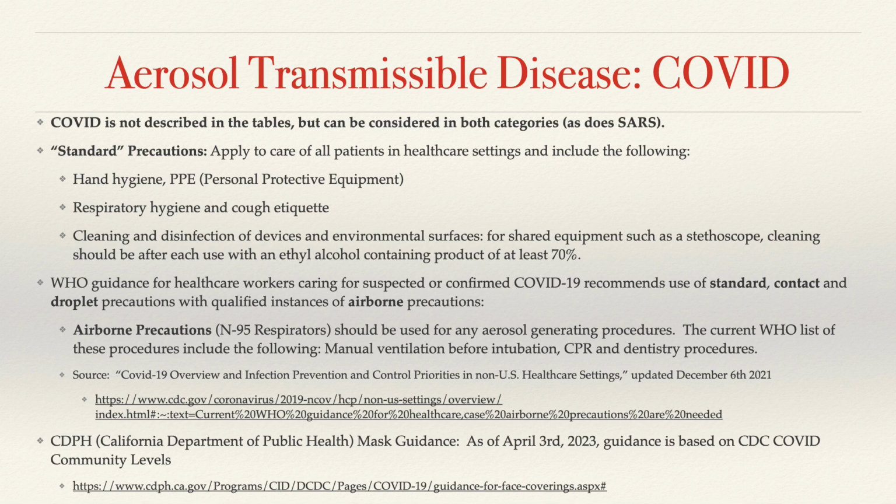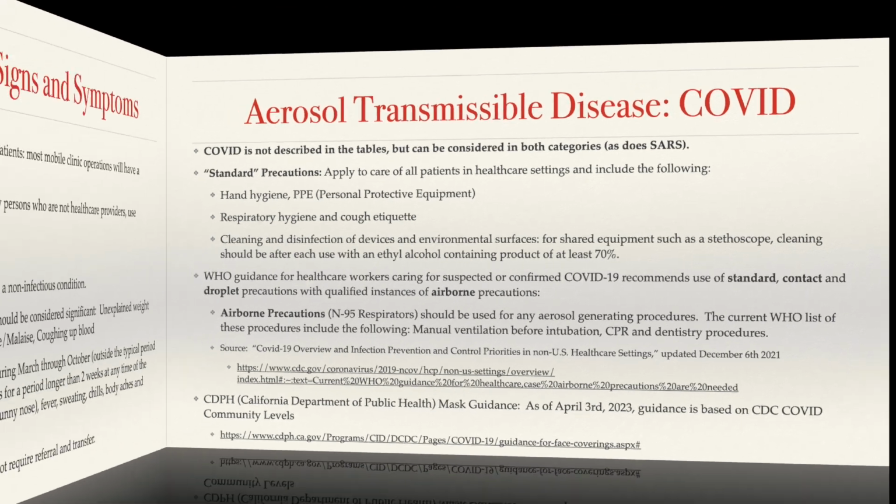Their list of these procedures would include the following: manual ventilation before intubation, CPR, and curiously enough, dentistry procedures. There are additional mask guidelines from the California Department of Public Health. However, as of April 3rd, 2023, guidance is based on CDC COVID community levels.